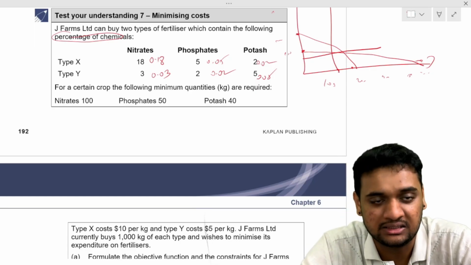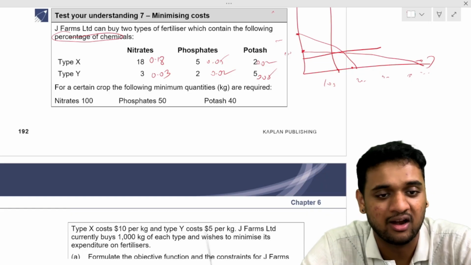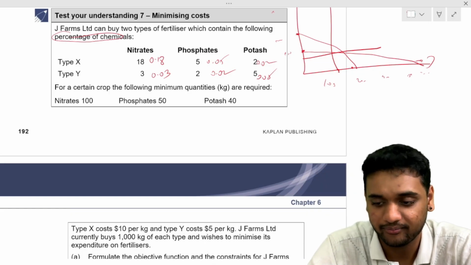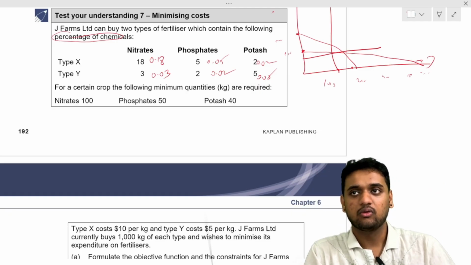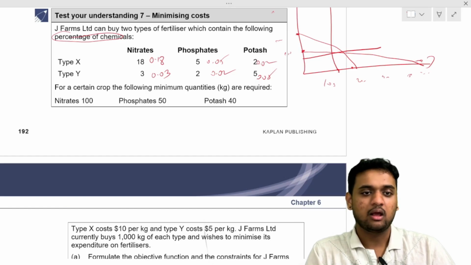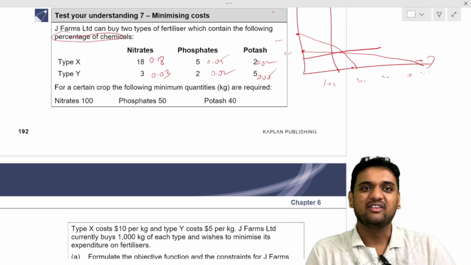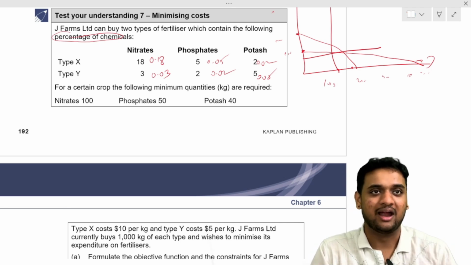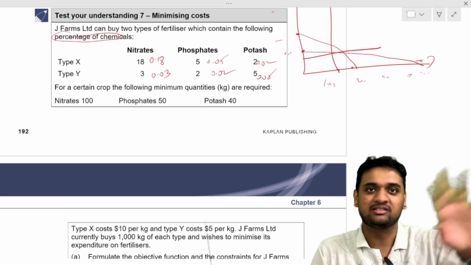Second, see down and it says, for a certain crop, the following minimum quantities are required. They give 100, 50 and 40. What does that mean? Kg. The minimum need is 100. All this while we were seeing the maximum we had. Maximum we had 11,000 hours. Maximum demand is 10,000 hours.